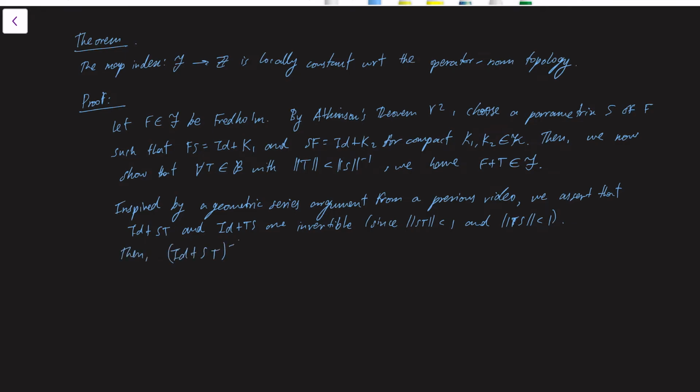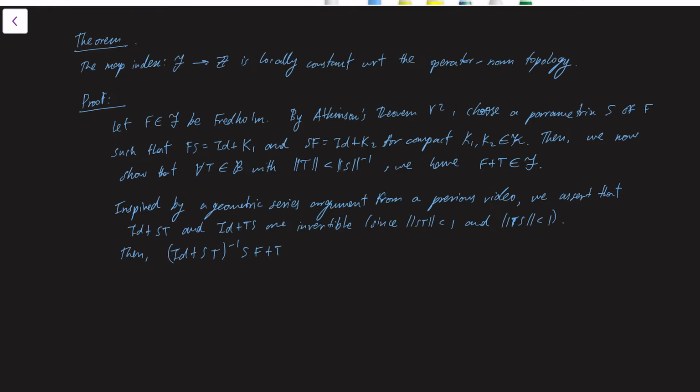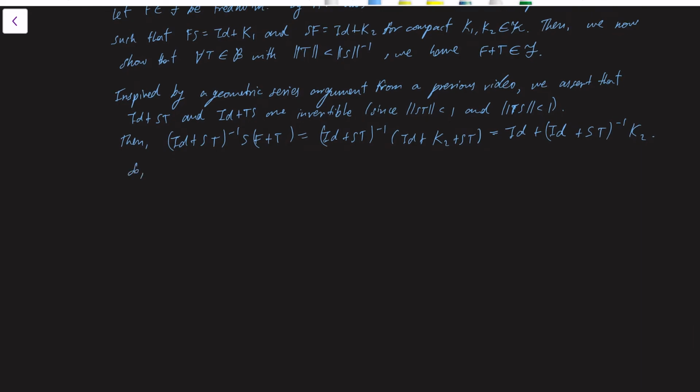So the identity plus ST inverse times S times F plus T is equal to the identity plus ST inverse times the identity plus K2 plus ST, and that's given by the identity plus ST inverse times K2.